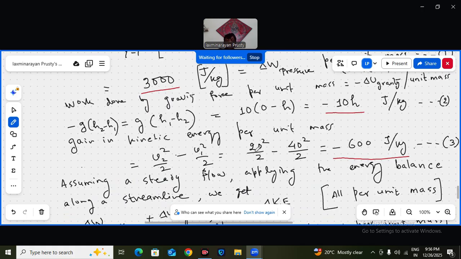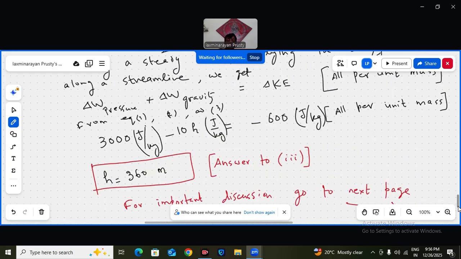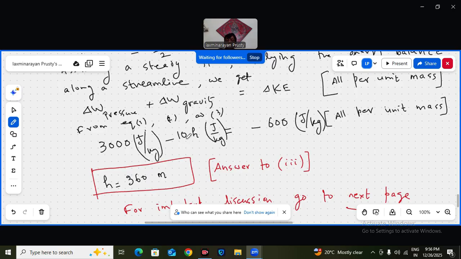I just calculated V2 square by 2 minus V1 square by 2, m is 1 unit, so 20 square by 2 minus 40 square by 2: 400 minus 1600, minus 1200 by 2, 600 with a minus. So 3000 minus 10H is minus 600. Joules per kg cancel. So H will be 3600 by 10, so 360 meters. Answer to question number 3. That's it.